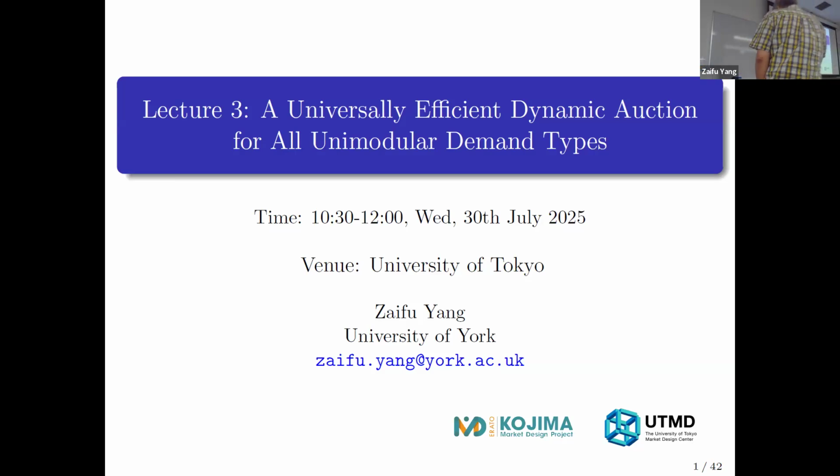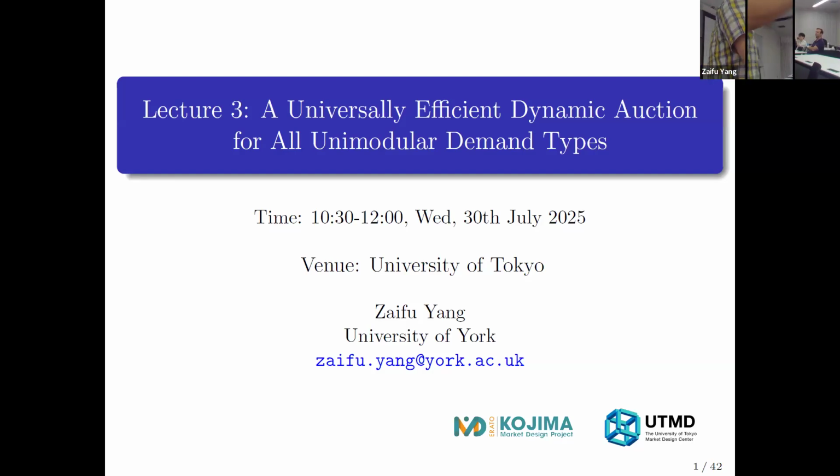Okay, so in the third lecture, I'm going to present a recent work just published by MOR with Professor Fujishiki. As probably most of you already know the work of Baldwin and Klemperer, now we are going to present an auction paper in which all agents will have a common unimodular demand type, but agents have private information and can be strategic.